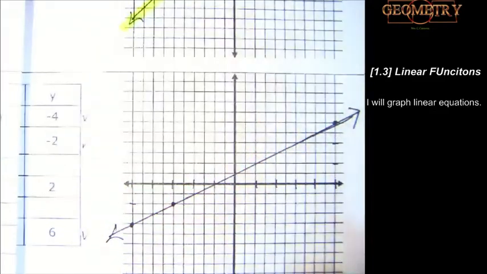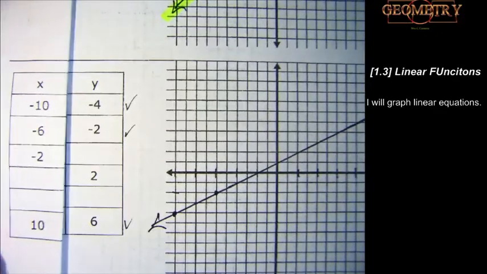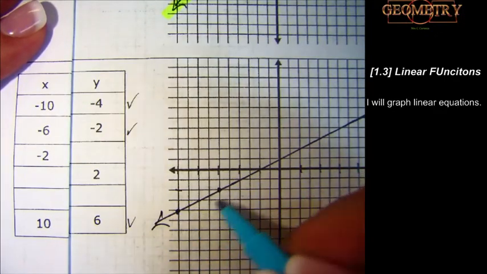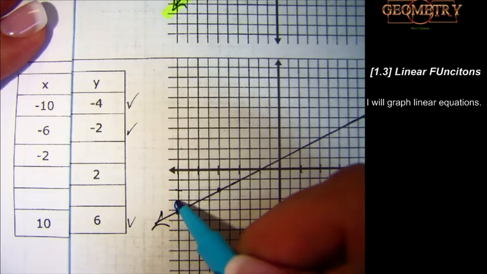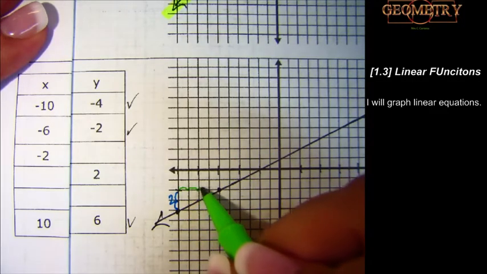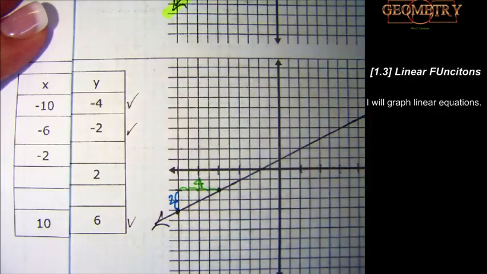All right, there it is. I can now read off my slope. If I go from this point to this point, I'm going rise 2 and run 4.